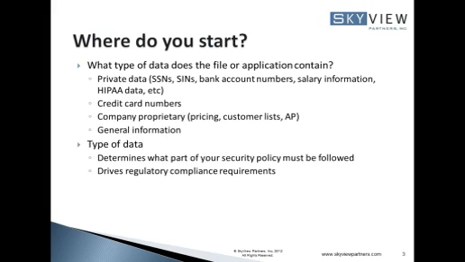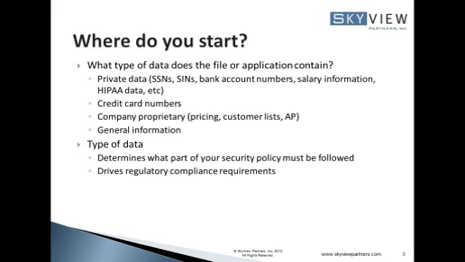So to do that, you have to think through the type of data that you have that is associated with your applications. And when I mean the type of data, I mean, is it private data? Is it company confidential data? Is it data that should only be used internally but not externally? So that's what I mean by type of data.